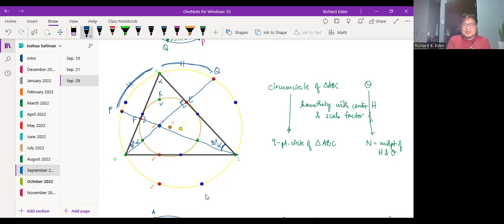So therefore, nung images under the half homothety, itong FK and EK are congruent. That's why. Elementary proof. Di ba? Fun. Okay. So hindi na kailangan gamitin nung perpendicular argument. So anyways, ayun. It's fun, di ba?